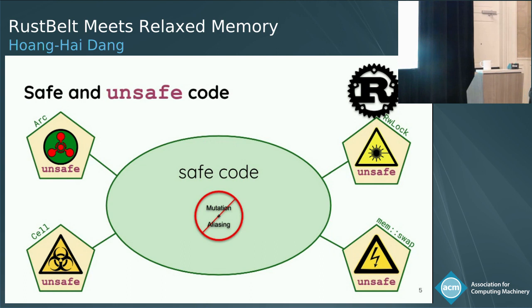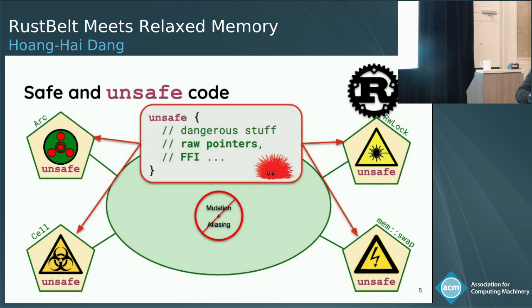And in these unsafe code blocks, Rust allows you to use more potentially dangerous operations. For example, you can do raw pointer manipulation like in C and C++, or you can call foreign functions from other languages. And the type system will not check your unsafe code. It is your responsibility to make sure that these potentially dangerous operations are actually safe.